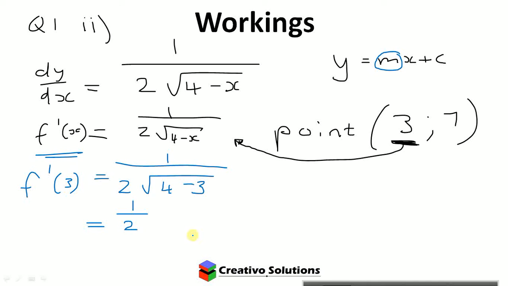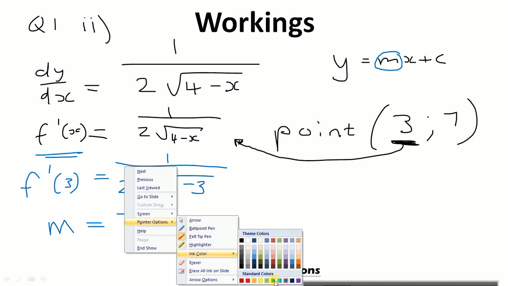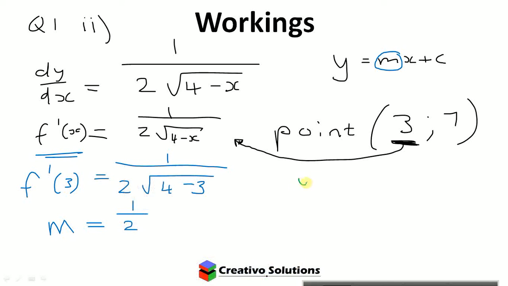Do I have the m? Yes, m is a half. So how do I get the equation of the straight line? I need to complete the straight line formula, y equals mx plus c. You know what the m is, and you know the value of the point, so substitute the point in.